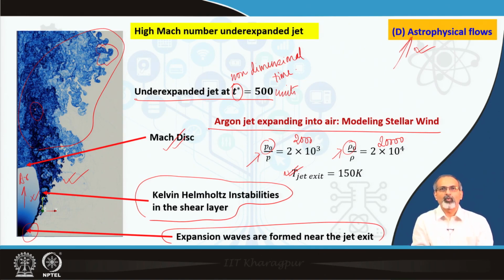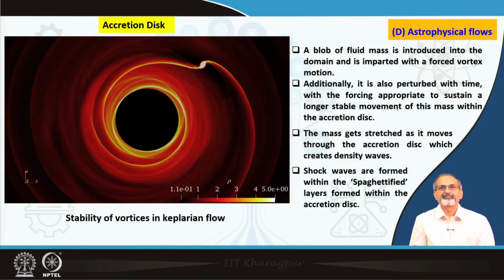So, there is a wide range of scales in terms of both space and time. This is the kind of simulation which could be a simplified modeling of stellar wind.